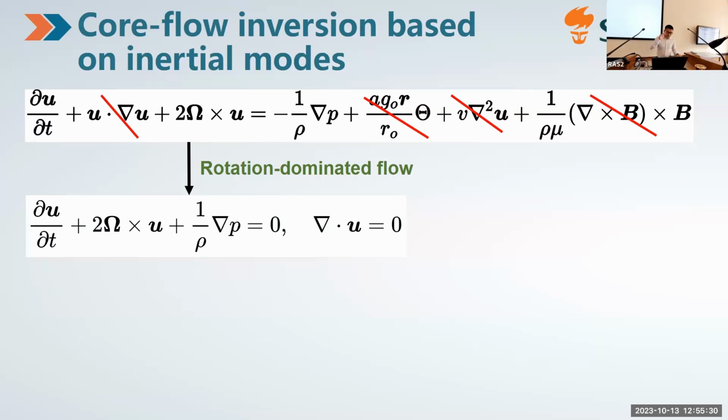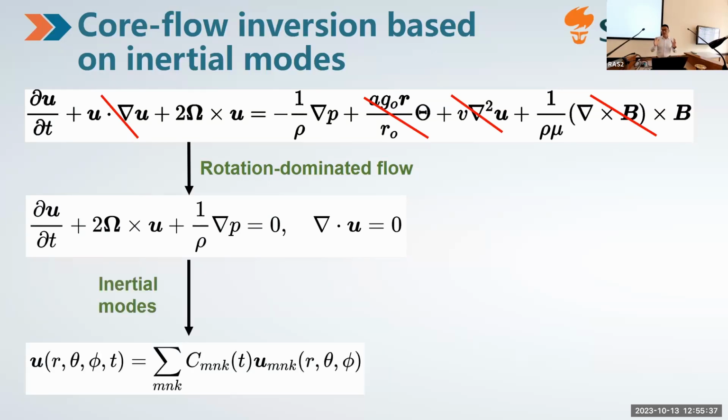If we just consider the leading-order force balance, we get these simplified equations. These equations support eigenmode solutions, which are known as the inertial modes. And luckily, we have a very elegant analytical solution for this problem in a sphere.